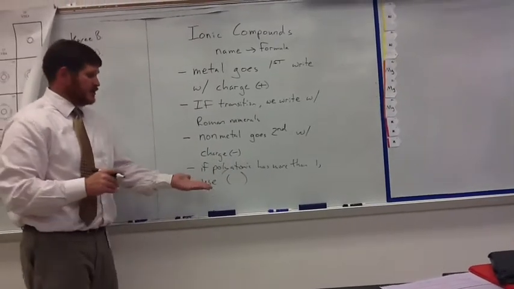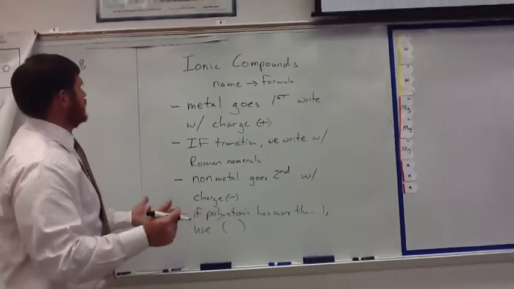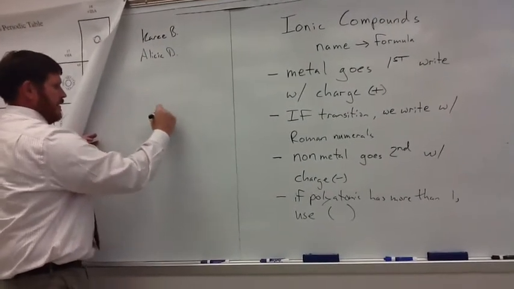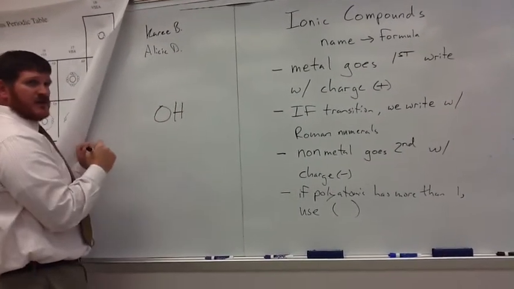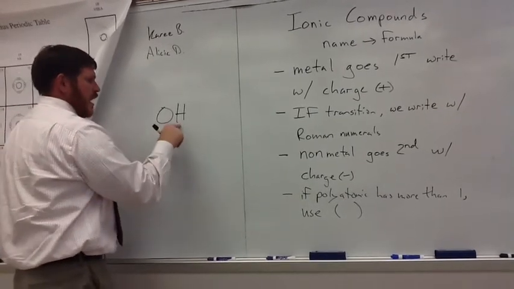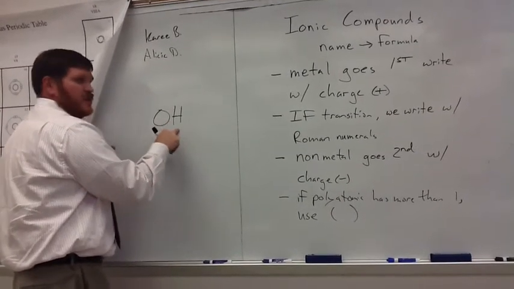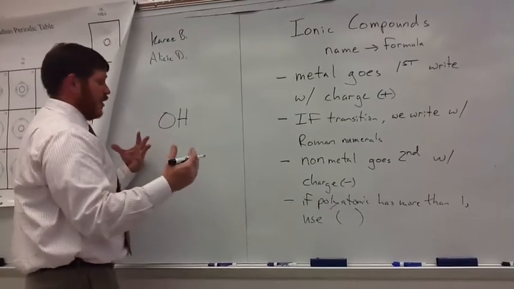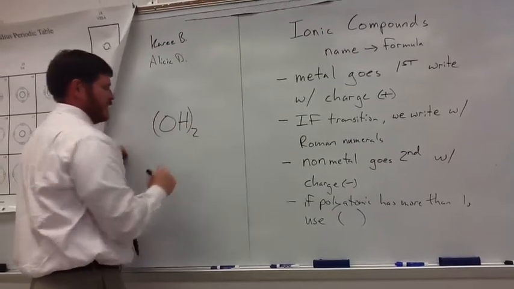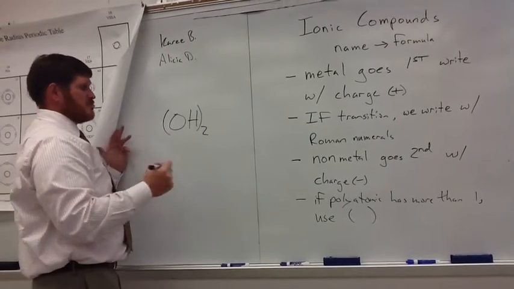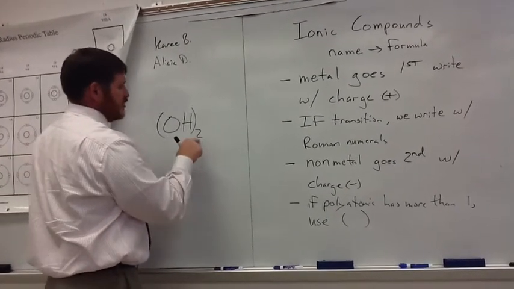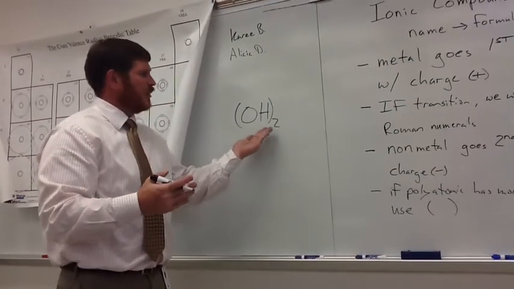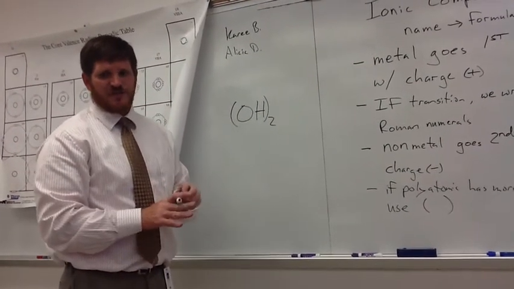The reason I would use parentheses is if I had something like hydroxide, which is OH. I want to keep it as OH, so it's hydroxide still, but I want to represent having two of the whole thing. So it would look like this. If I didn't do this, it would look like I have one O and two H's. That is really, really bad.